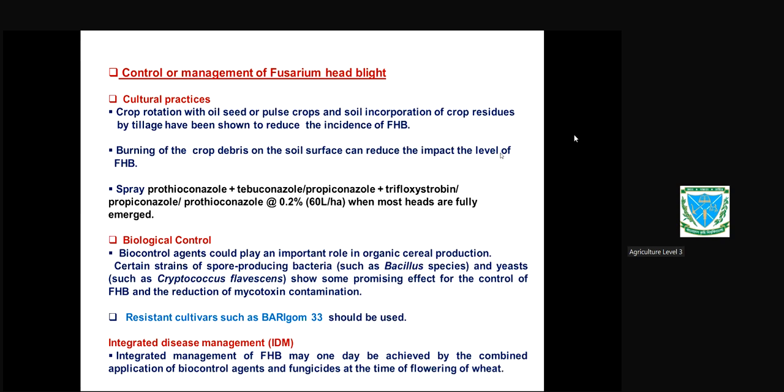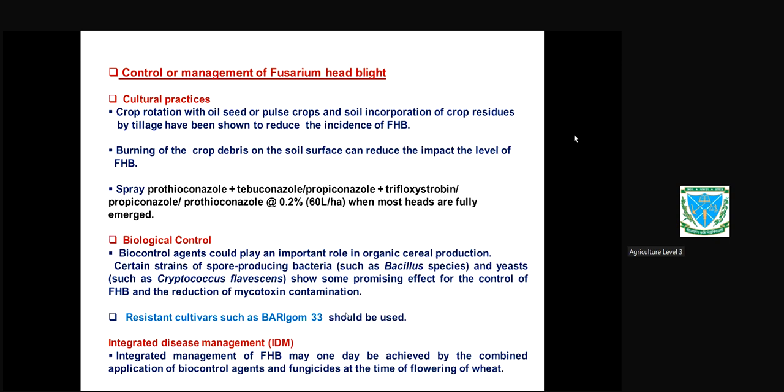In addition, there are some biological agents now using to control Fusarium head blight in some countries. For example, Bacillus is a biological or bioagents, bacterial bioagents and yeast. You can use if available, but it's sometimes not available. So chemical is only the way and cultural process.